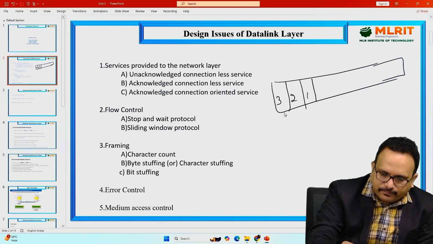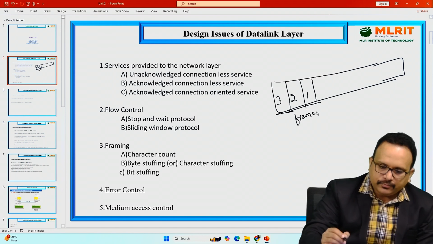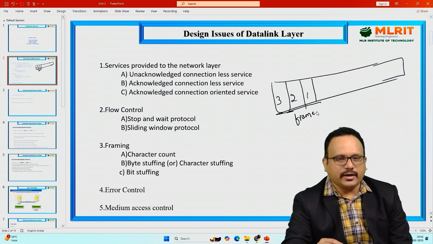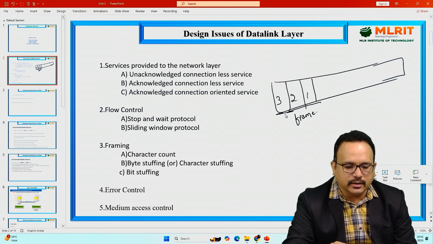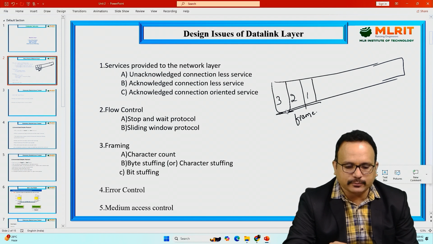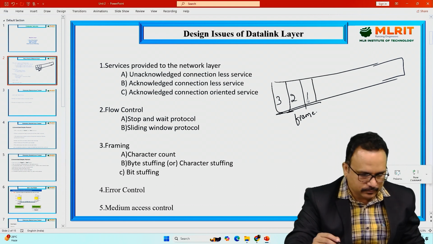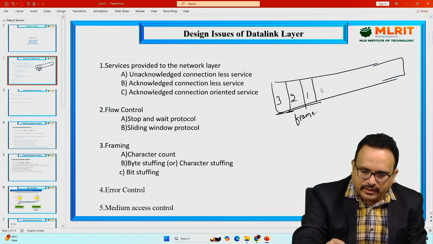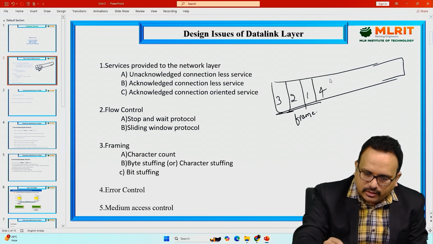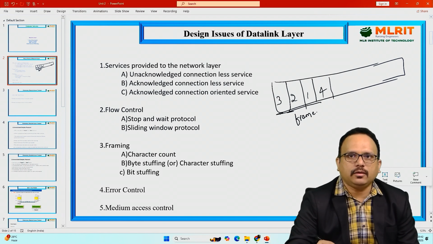So this is one frame. Why am I identifying it as one frame? What is the starting field in the frame? 3. Including that, it gives the number of characters in that frame. That means this frame should contain 3 characters: 1, 2, 3. If the second frame starts with 4, the number of characters in that frame must be 4.